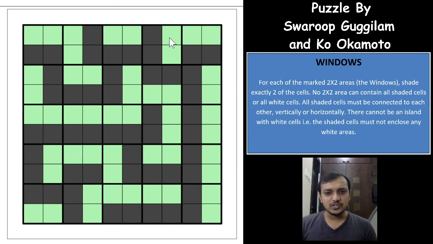Third, make sure that the white cells don't get stranded in between the black cells, right? And the fourth tip is the advanced logic, the pattern that I have explained: 2 black cells, nothing, one gap here, and 1 black and 1 white cell, or 2 white cells, nothing in between, and 1 black and 1 white cell. The moment you get that pattern, you will be able to get one of the shaded or white cells, and that will surely help you to solve the puzzle.